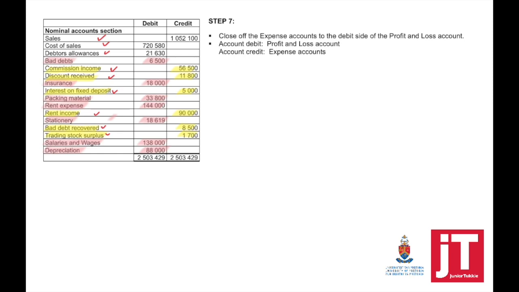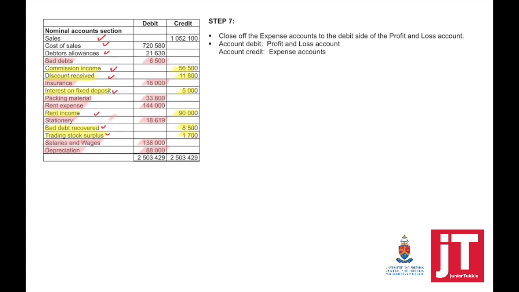Step number 7, close off all expenses to the debit side of the profit and loss account. So we now need to take all the expenses. Remember, we've already done cost of sales and debtors allowances. It forms part of the trading activity.